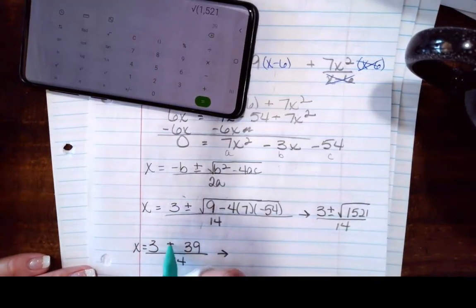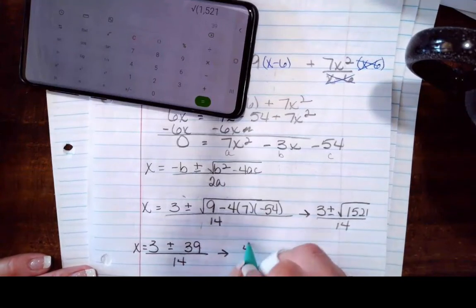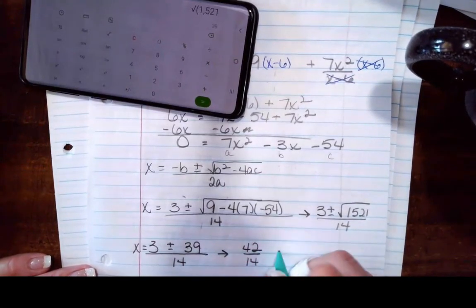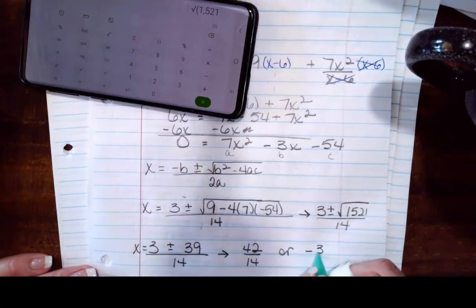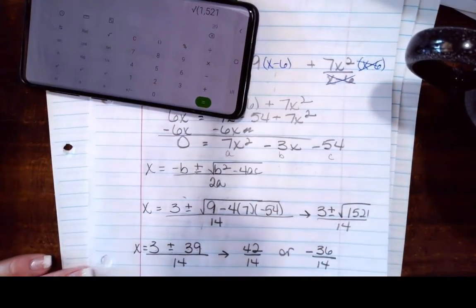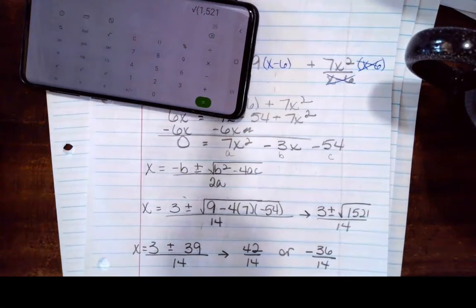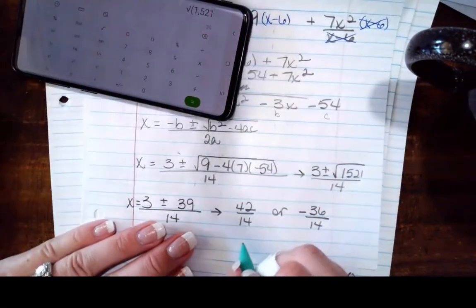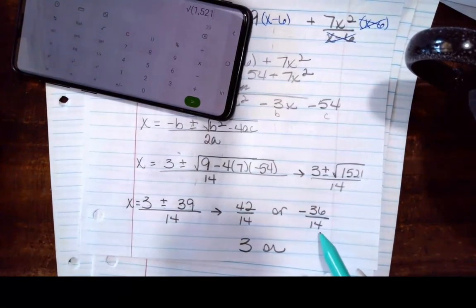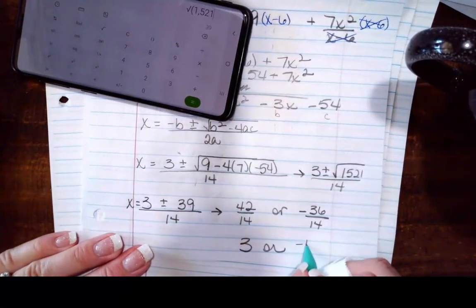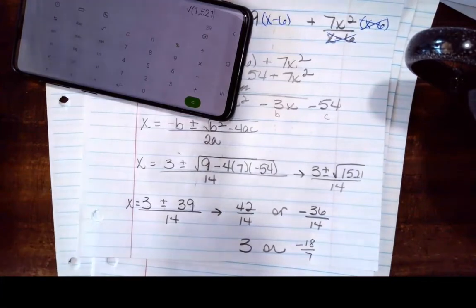That gives me 3 plus 39 is 42 over 14, and 3 minus 39 is negative 36 over 14. So 42 over 14 reduces to 3, and negative 36 over 14 reduces by 2 to give me negative 18 over 7.